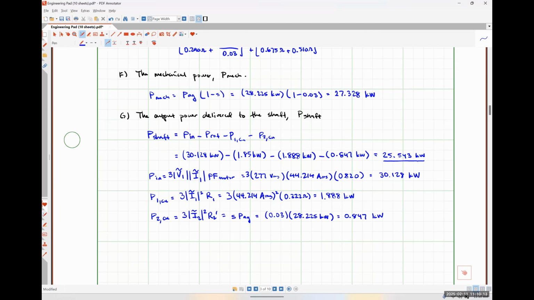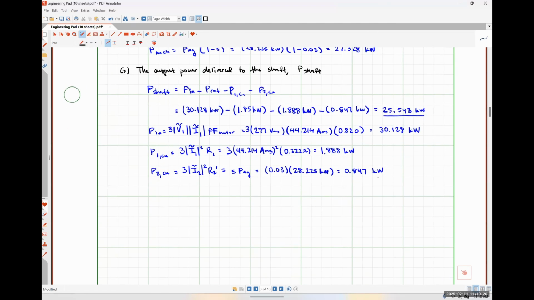All right, so what will our motor efficiency be? Like P shaft over, no wait, yeah.